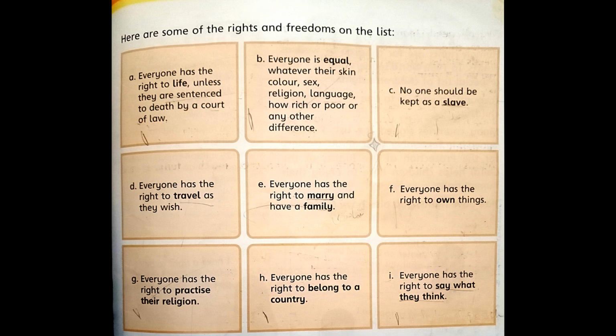No one should be kept as a slave. Everyone has a right to marry and have a family. Everyone has a right to own things. Everyone has the right to practice their religion. Everyone has the right to belong to a country. Everyone has the right to say what they think.